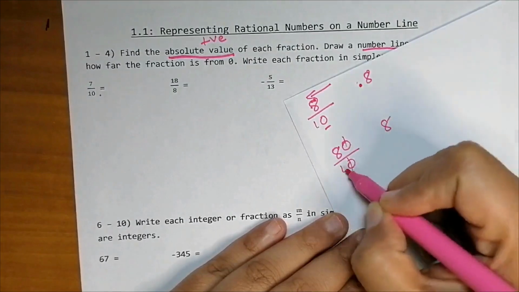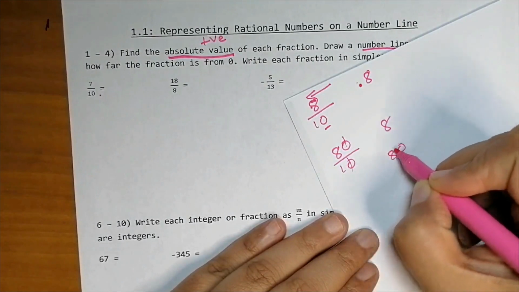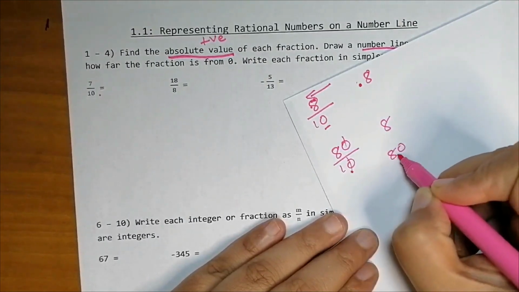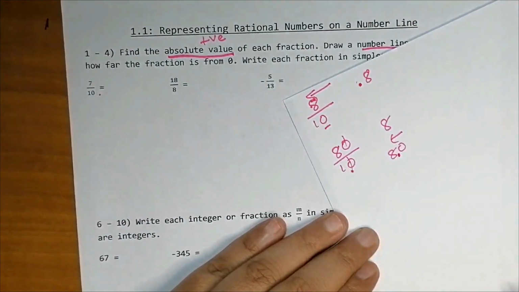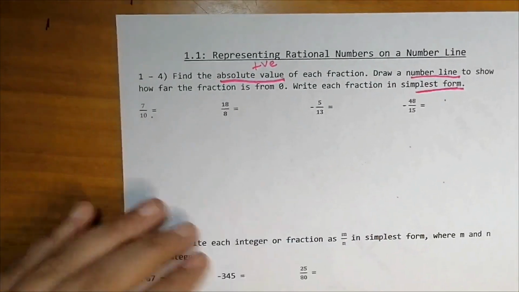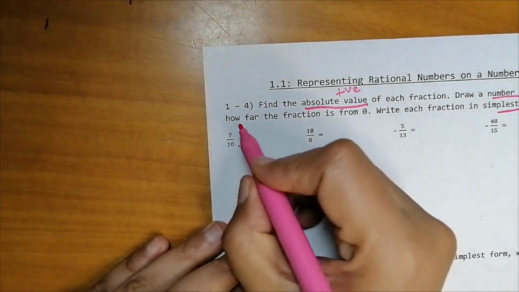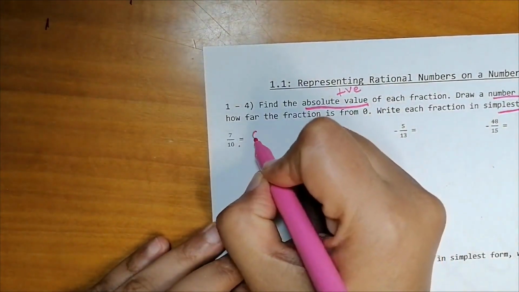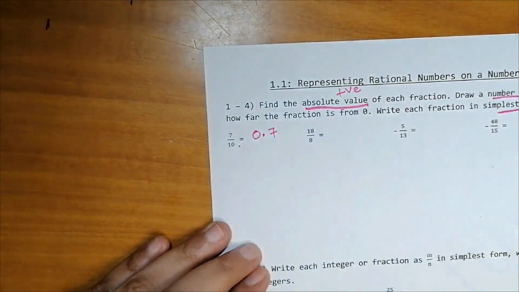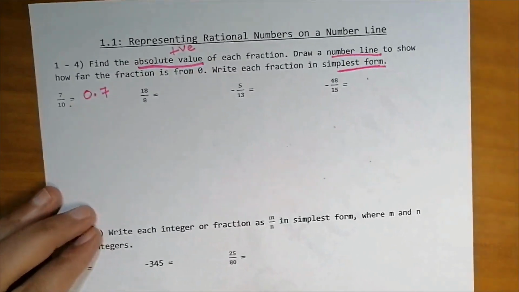Or if you do it the same method as here, 80 you write as it is, and how many zeros? 1, so you put the point here, you counted 1 from here, right? So this is how you usually do it when numbers are to be divided by 10, 100, something like that. So this will be 0.7, right? Then we have 18 over 8.